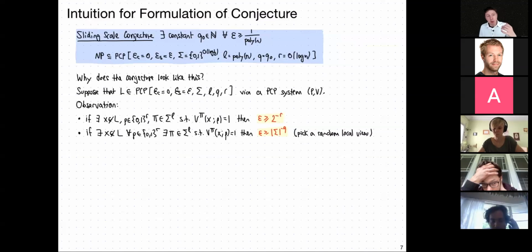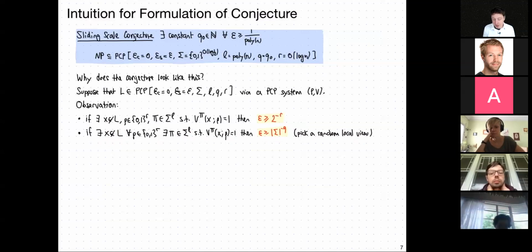So if I make Q queries over alphabet sigma and I get answers from sigma, it means that there's a total of sigma to the Q possible local views I could get from the proof, right? And if there is some instance such that regardless of the randomness, there is some proof that will make me accept, then in particular, a random local view will be satisfied with at least this probability. And so the soundness error must be at least this much, okay?